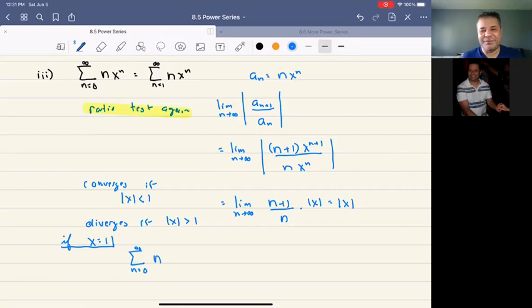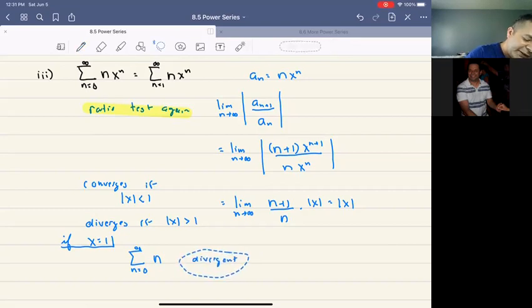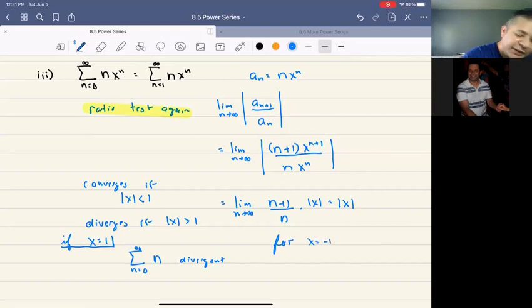That's divergent for sure, right? And also for x equals negative 1, we get the sum, n goes from 0 to infinity, of negative 1 to the n times n, which is still divergent, because for the series to converge, the individual terms should still go to 0. So those are both divergent.